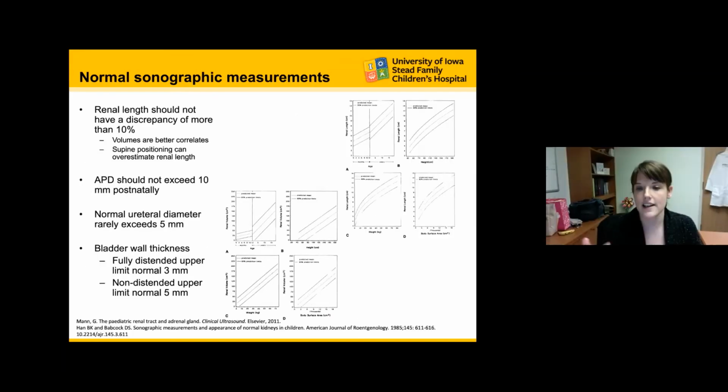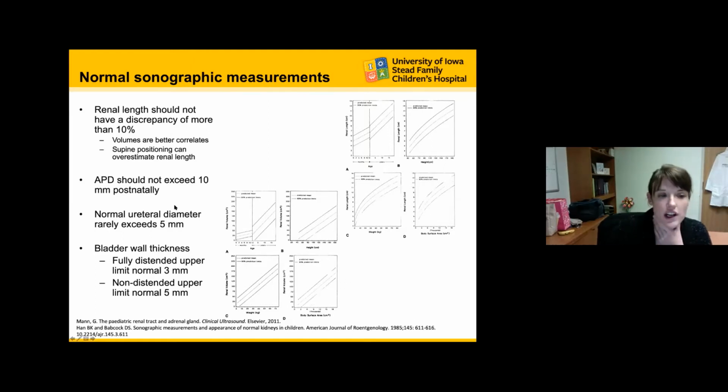In fact, renal volume is a better surrogate for renal function than renal length is. In my mind, and it has been shown, there shouldn't be a discrepancy in renal length of more than 10%. If there is, that indicates that there might be a problem. The number that I always had in the back of my mind was a centimeter, but that's a little bit on the high side, especially in young children.